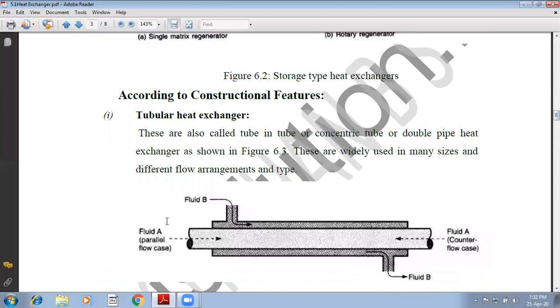Now if you see, the fluid A is moving from left to right, fluid B is also moving from left to right. If both the fluids are moving in the same direction, then we call this as parallel flow.